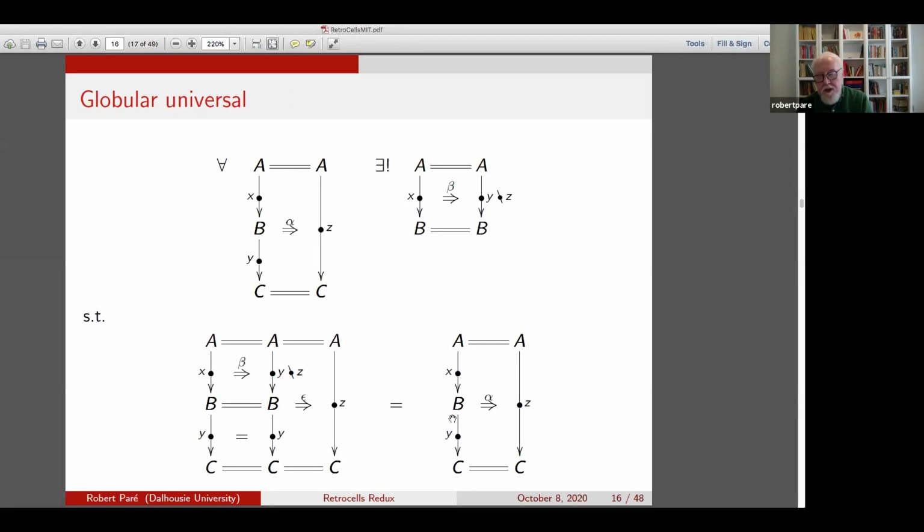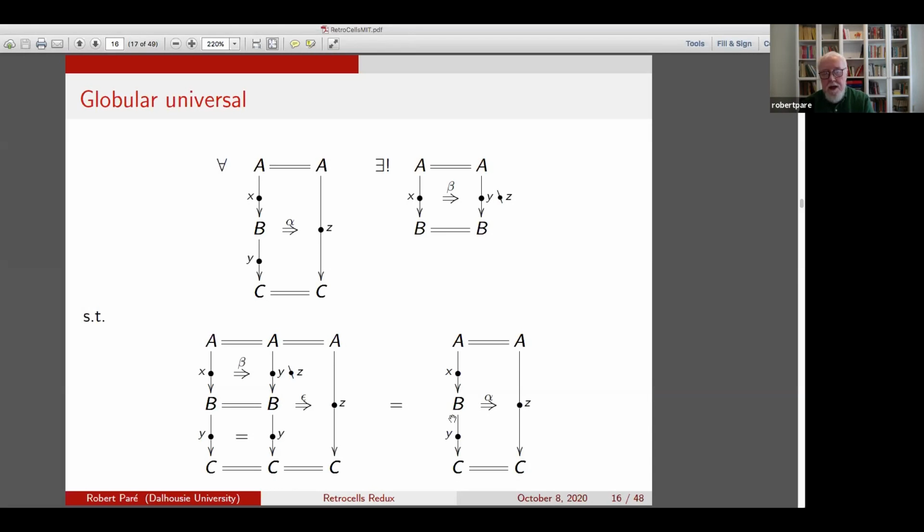So let me just contrast here the universal property. This is just in Vert A. I'm just rephrasing this in terms of universal cells.